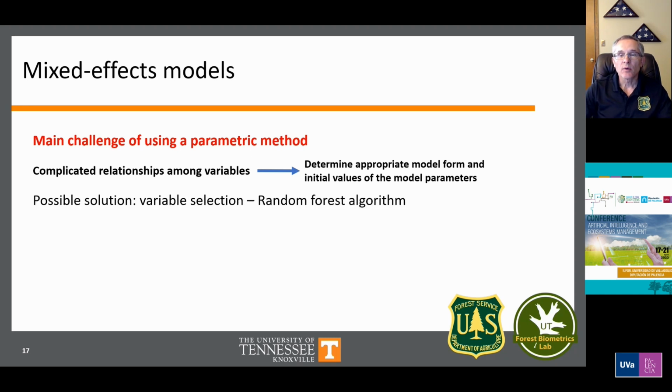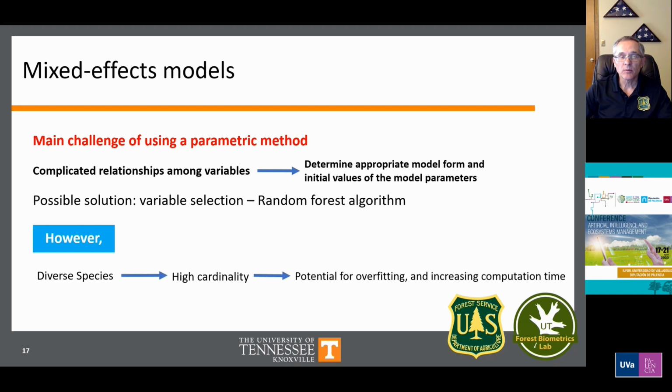However, the random forest algorithm has limitations. For diverse species assemblages, it can lead to high cardinality in the models and the potential for overfitting, as well as increased computation time. So we continue to explore other solutions.